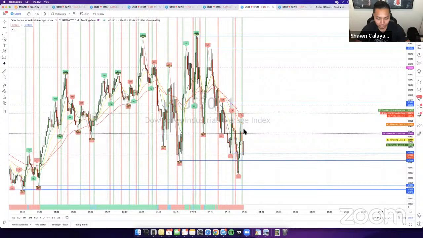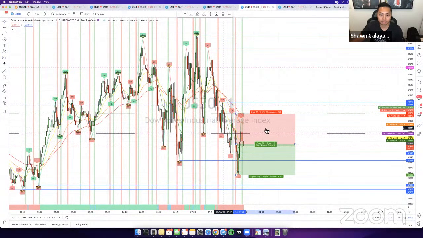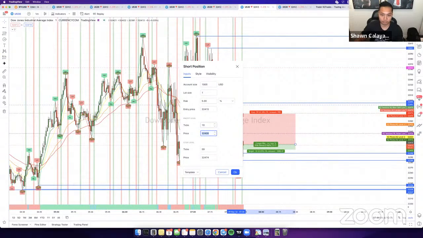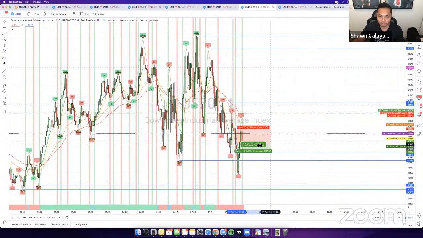All right, so I'm going to screenshot this right here so I can show you guys, because I know a lot of you like looking back at the trade. I'll take a screenshot of this so that you can refer back to the trade that we took during the live.